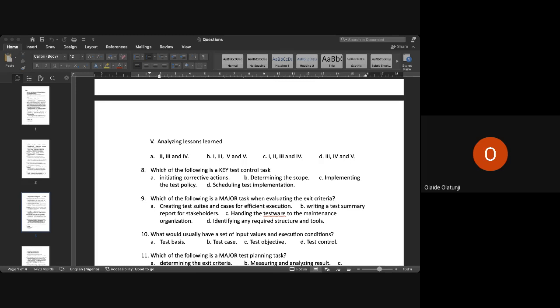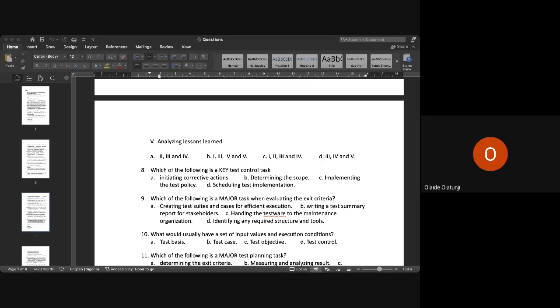Test monitoring and control, that is the name of the test activity. You've forgotten our testing process. I remember the testing process, where we have test basis, test plan, test implementation, test execution, and all that.